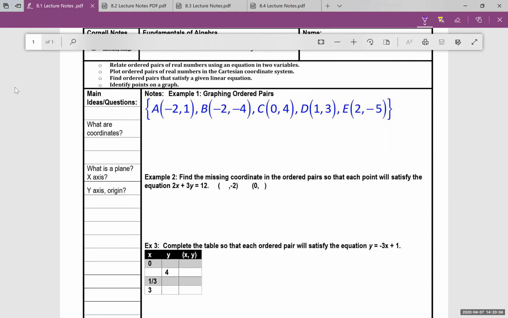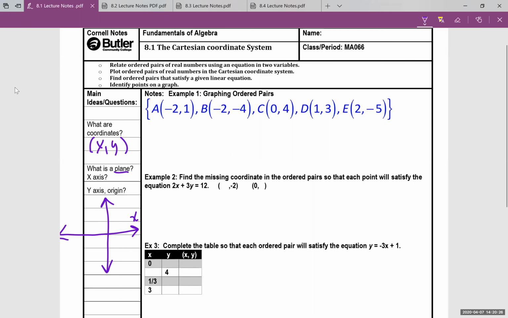So when we talk about what coordinates are, remember that it's a point x comma y that can be plotted on a plane. When we talk about the x-axis, the y-axis, and the origin, this is the x-axis, this is the y-axis, and the point 0, 0 is the origin.